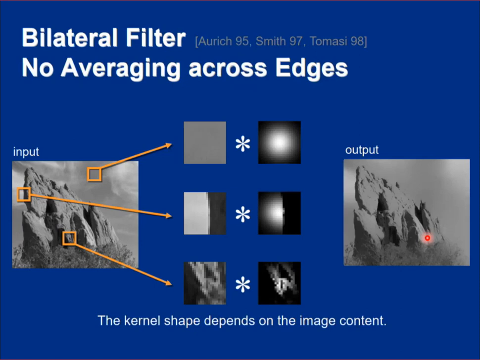This is a paper published in CGU. Their idea is that they developed a bilateral filter. For a smooth area, they apply the whole Gaussian filter on it, and the generated result is smooth. For an edge, they apply a Gaussian filter, but only for part of it.